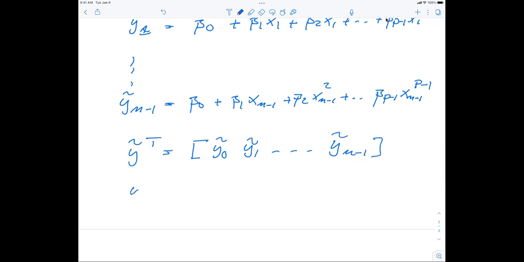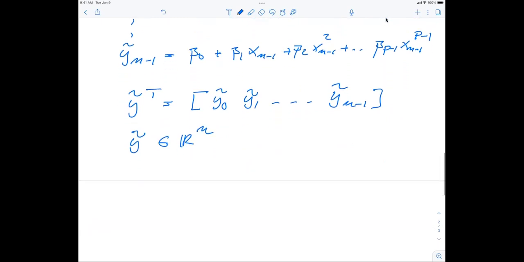So this y tilde is now a vector with length n. I can define a new vector beta, and this vector beta transposed is given by beta 0, beta 1, these are the different components up to beta p minus 1. And then we see that this beta has length p.